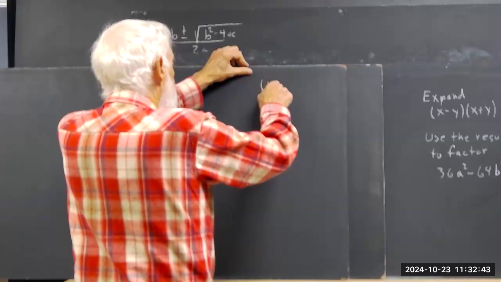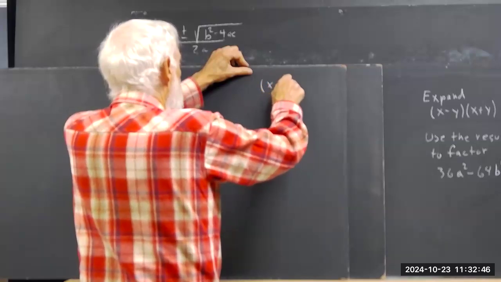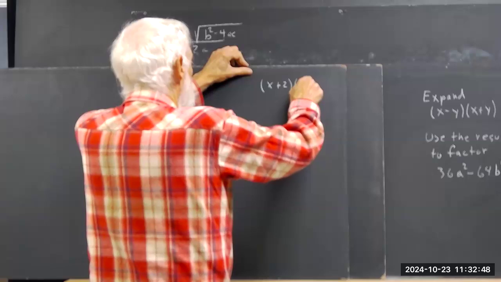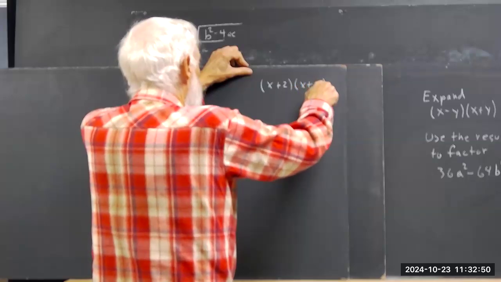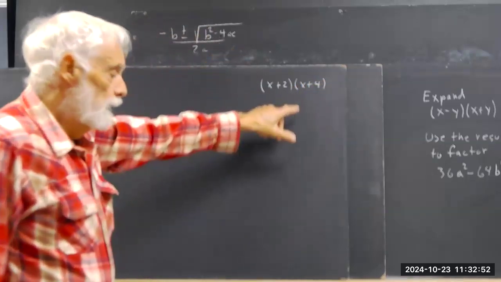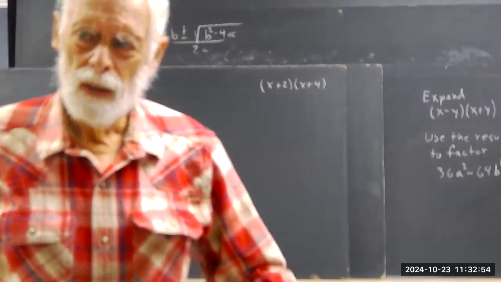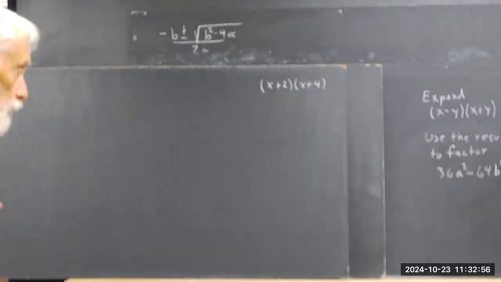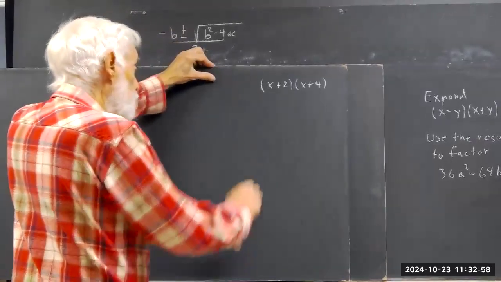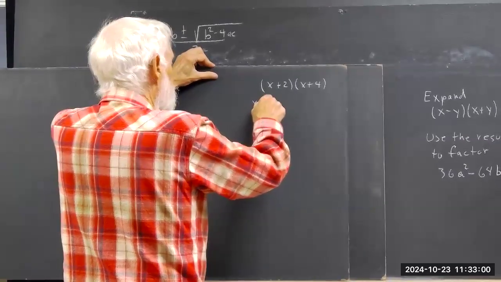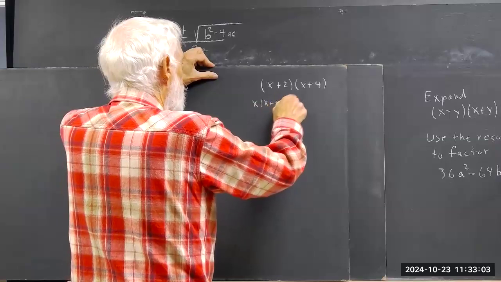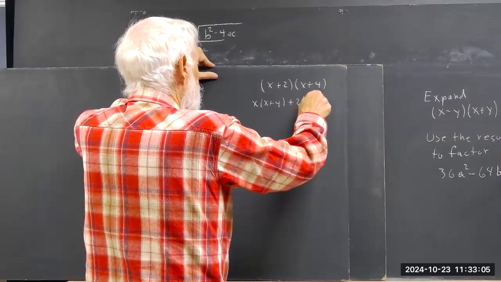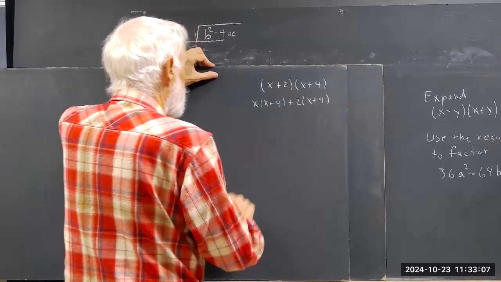First, expand that. And I'm going to expand it quickly because we see how to expand this. That's x times x plus 4 plus 2 times x plus 4.